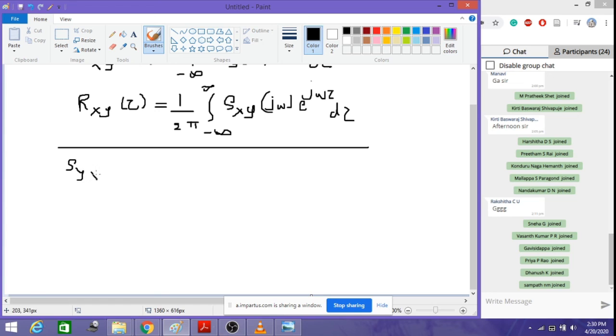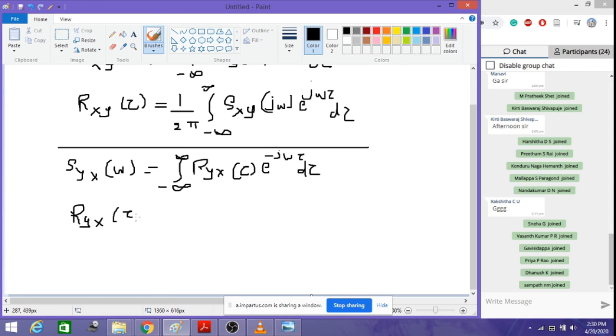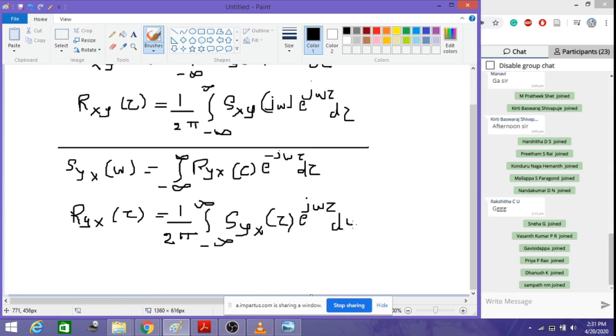So therefore Syx of omega is equal to integral of minus infinity to plus infinity, that is, now it is Ryx of tau into e power minus j omega tau into d tau, and Ryx of tau is equal to 1 by 2 pi into integral of minus infinity to plus infinity Syx of omega into e power j omega tau into d omega.